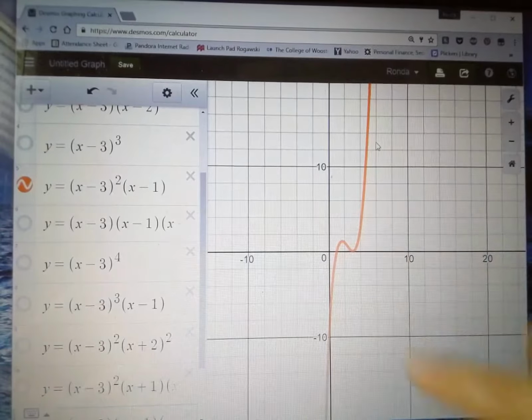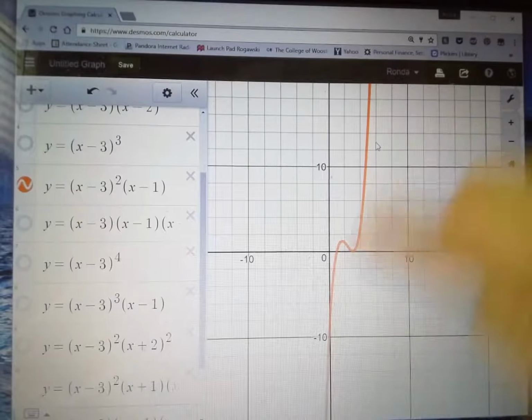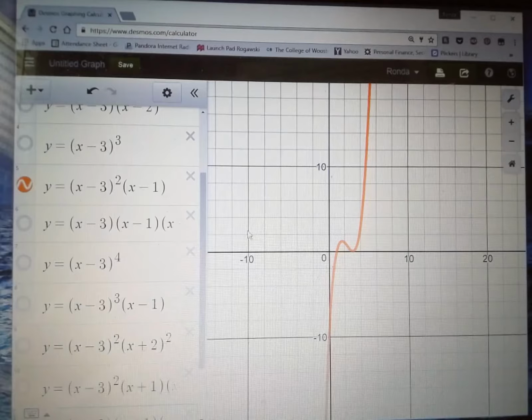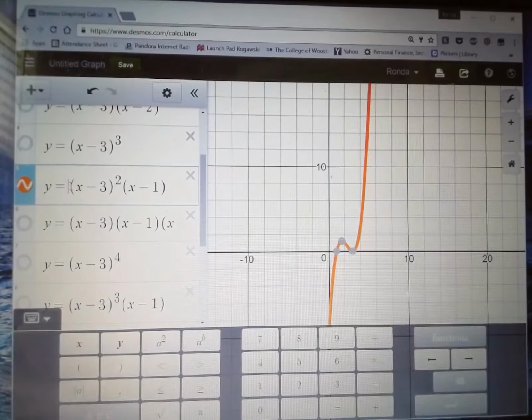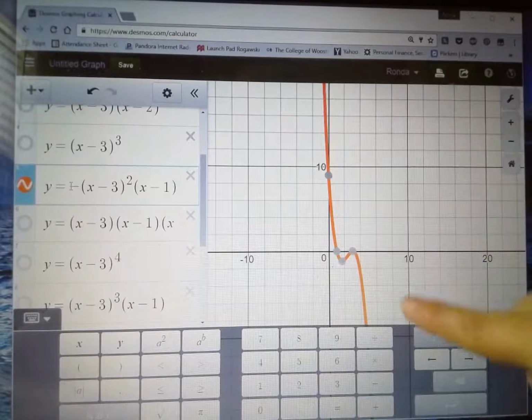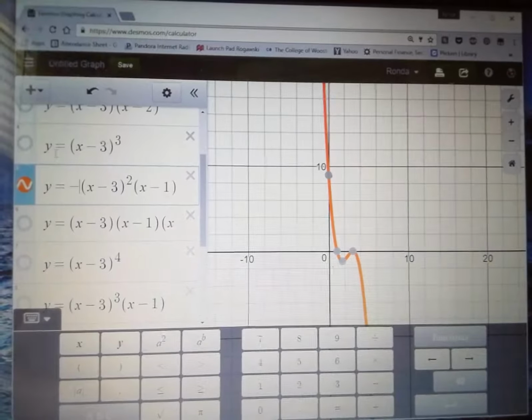So if I have x to the 5th, it will also be down here and finish up here. It'll have extra bumps in it, but it'll still be up here. And that will happen for all odd. And then the opposite, when I put the minus in front, I just get the opposite. Then I fall from the left and keep falling, but I'm in opposite directions again.